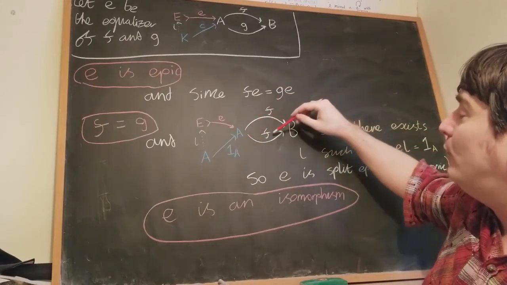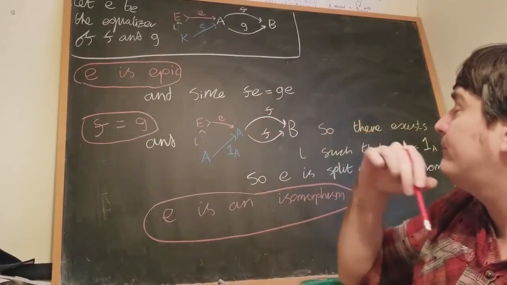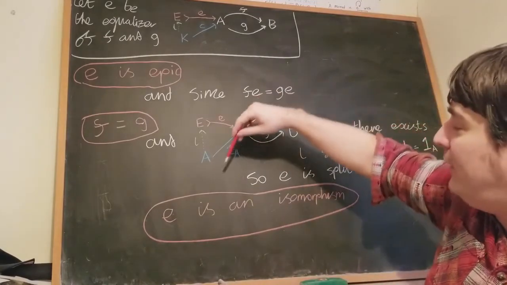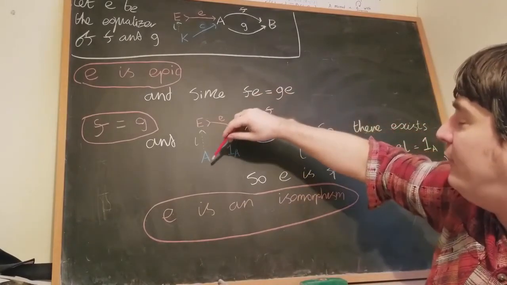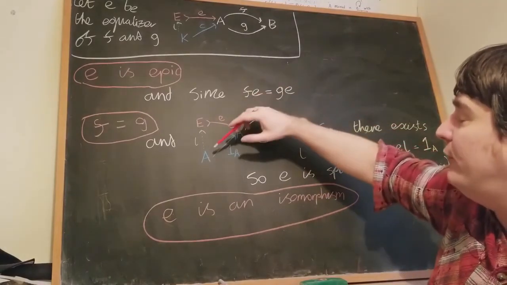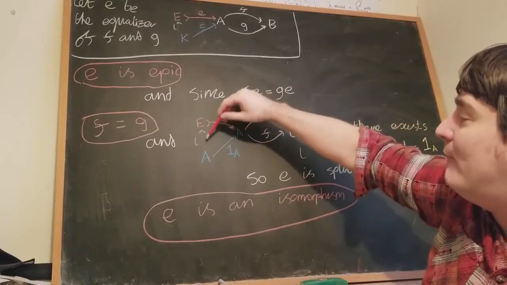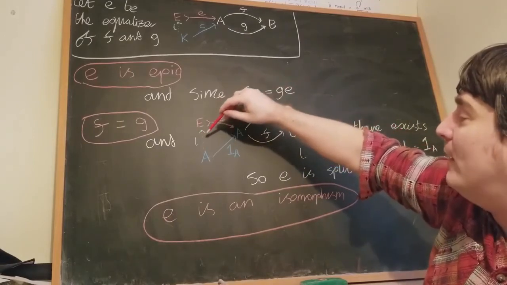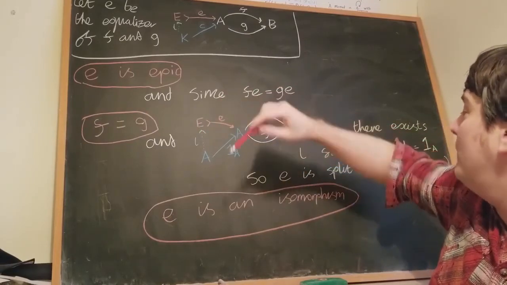Using the identity arrow of A gives us something with this property, because F after the identity equals F after the identity. So this identity arrow of A here can be thought of as a candidate, and then we have this unique intermediary arrow L such that E after L equals this blue arrow.